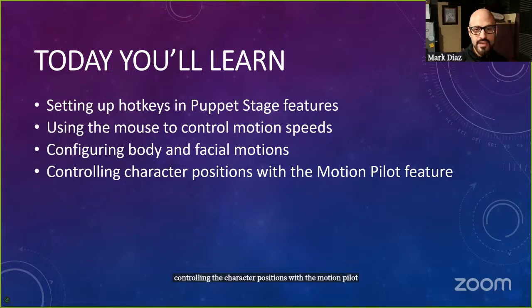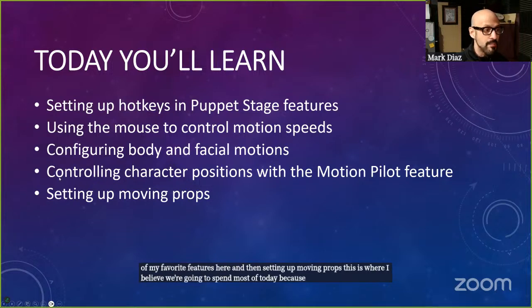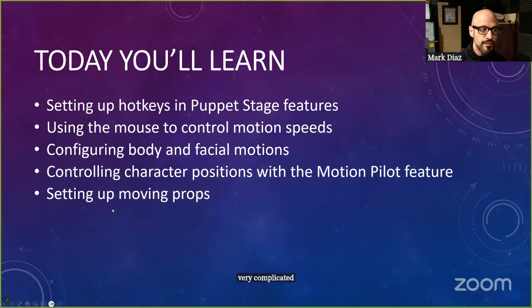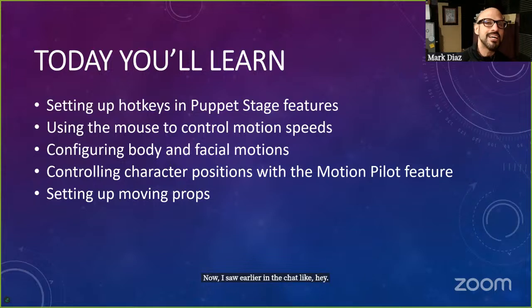This is one of my favorite features here. And then setting up moving props. This is where I believe we're going to spend most of today, because this one is very complicated and I want to help all of you to be able to do moving props that help so much to create very expressive animations.